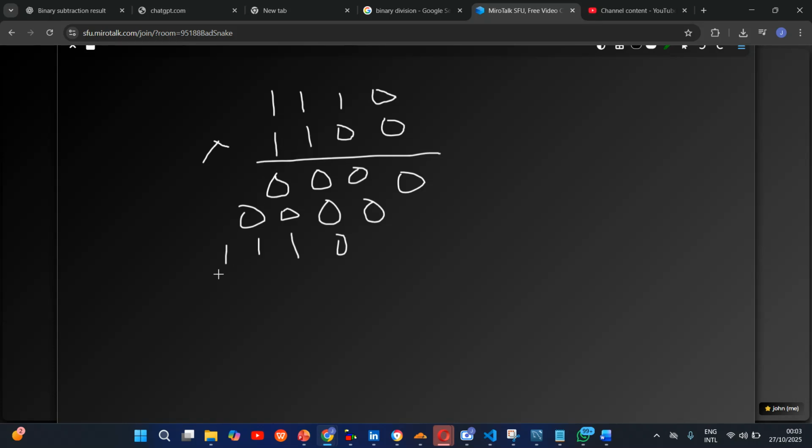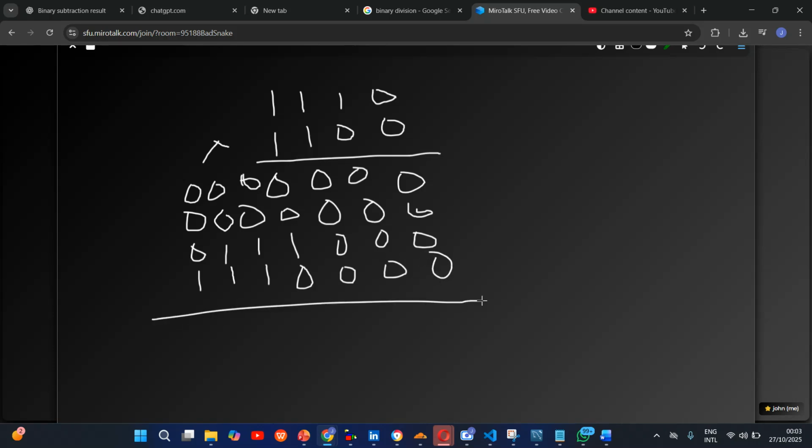So the same thing, we have 1, 1, 1, and 0. Then we add zeros to the empty spaces.